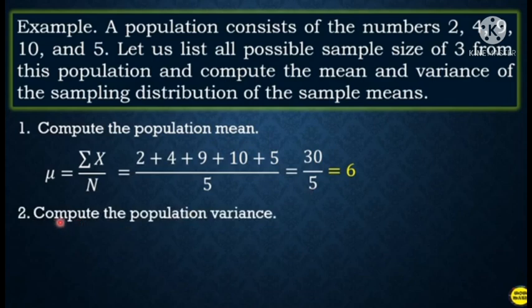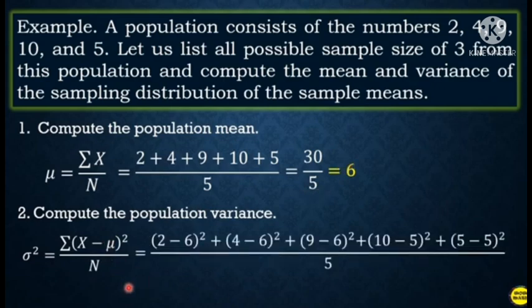Next step, number 2, compute the population variance. Ito yung formula natin: sigma squared is equal to the summation of x minus the population mean squared over N. Yung population mean natin is 6.